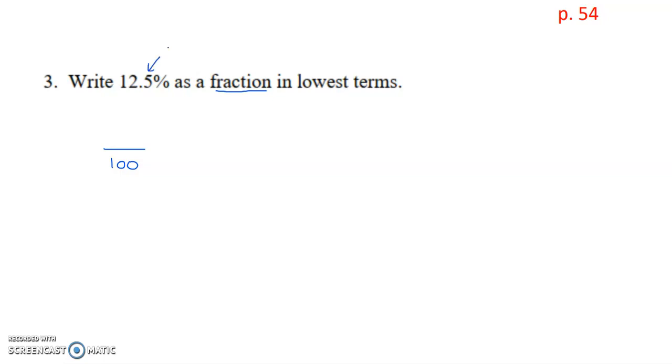So what we have to do is convert this decimal to a fraction. 12.5% we can express as 12.5, or we can read it in decimals. 12.5 means 12 and 5 tenths, because we're in the tenths place for the decimal. We know that 5 over 10 and 1 over 2 are the same thing. So either one of these mixed numbers would be acceptable.